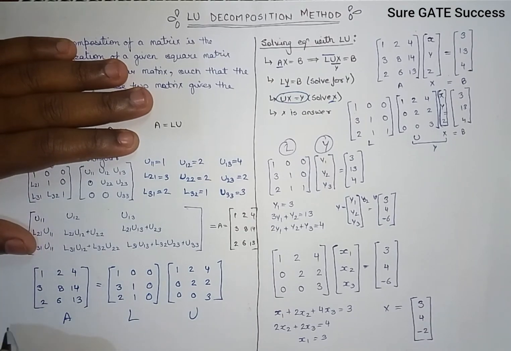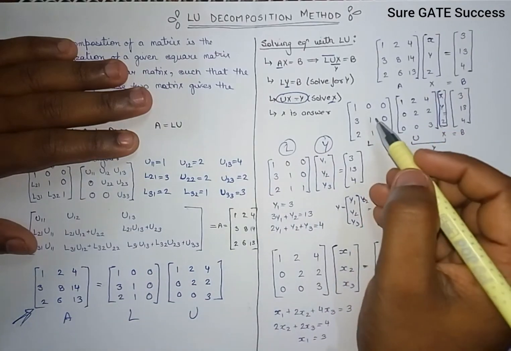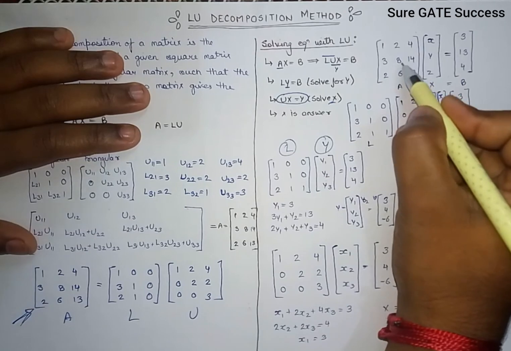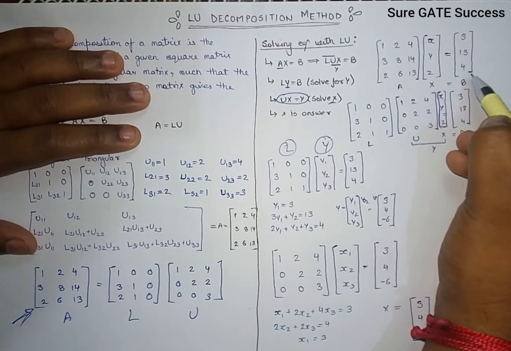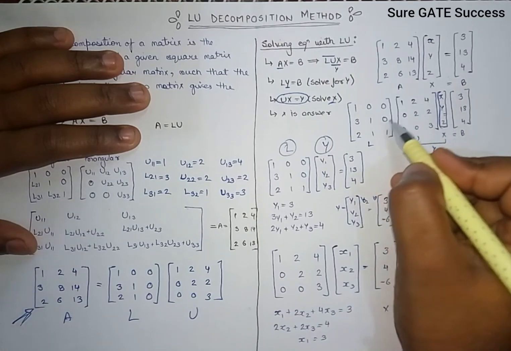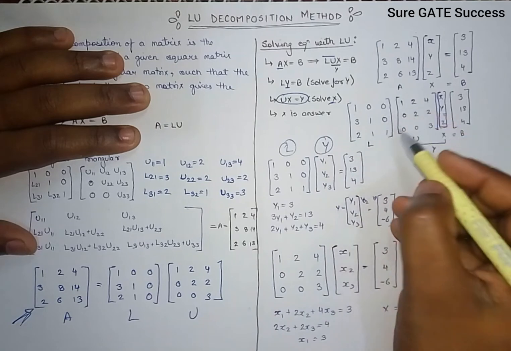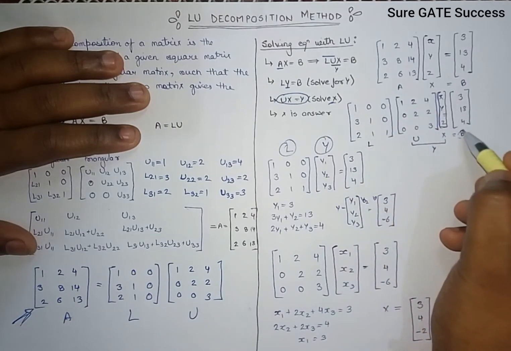I am taking this particular matrix as an example so that I don't have to solve for L and U in this case. This is the coefficient matrix and this is the right hand side. I already have the L and U for this, so I put the L and U along with the X and the right hand side.